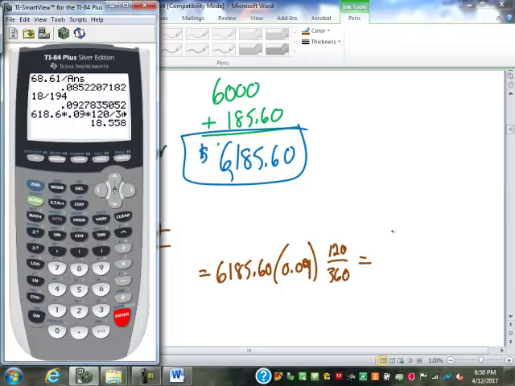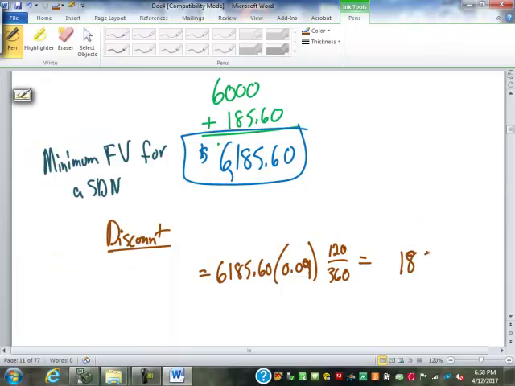I put a decimal, I missed a zero there. 185.58 is what it gives us. So there's 2 cents in round off errors in there. So you subtract that, they're going to get proceeds of like $6,000.02 is what it comes out to be.